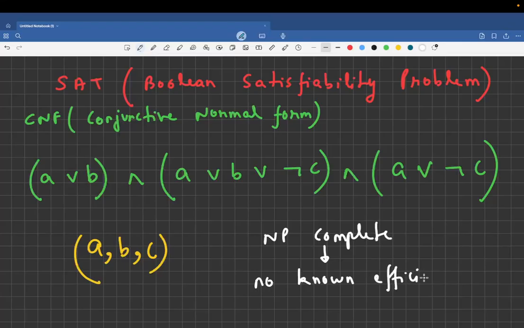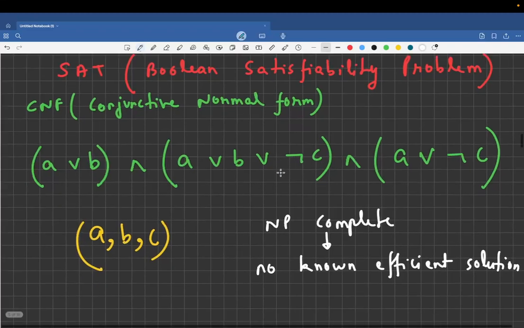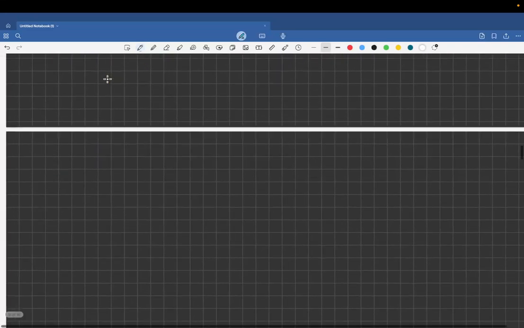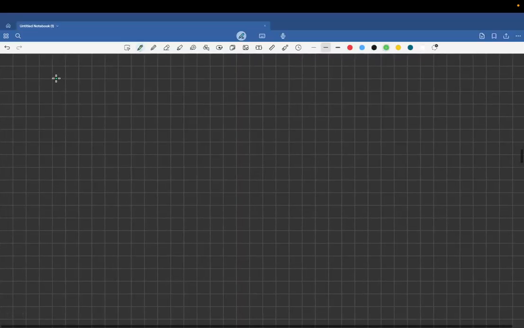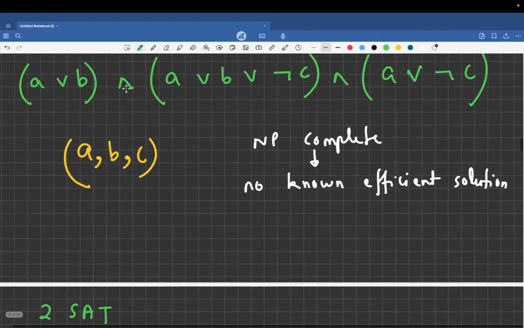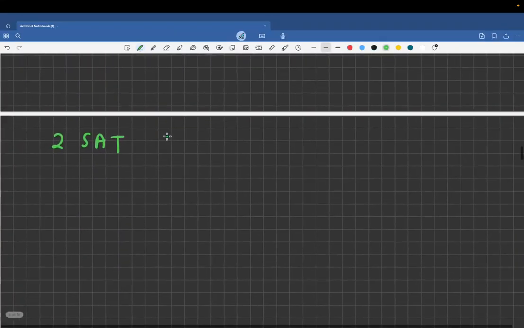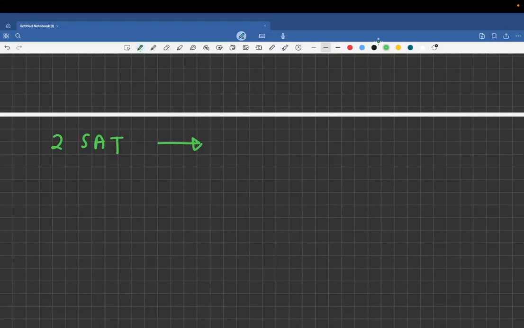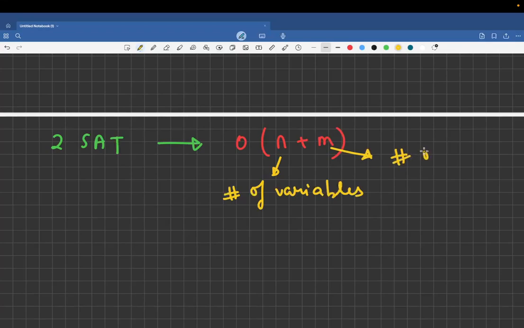But there is a variation of this, a problem called the two-SAT problem, which is just a slight modification of SAT, which can actually be solved in finite time, and the time it takes is big O of n plus m, where n is the number of variables and m is the number of clauses.